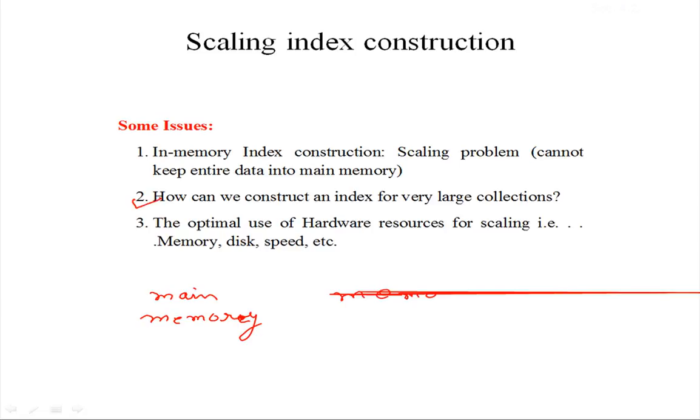So how can we construct an index for very large collections? Large collections means we cannot fit that data properly into main memory at a time. So how can we manage? The best way may be the optimal use of hardware resources, meaning how we can manage the use of disk and main memory in the entire operation.